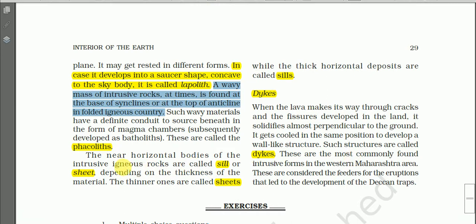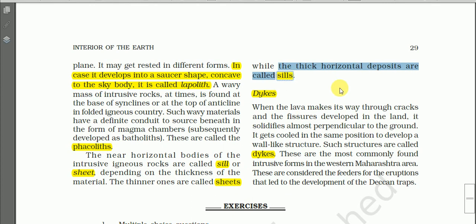Let us continue. The near horizontal igneous rocks are called sills or sheets, depending on the thickness of the material. That means if the magma is intruded horizontally, the thinner ones are known as sheets, while the thick horizontal deposits are called sills.